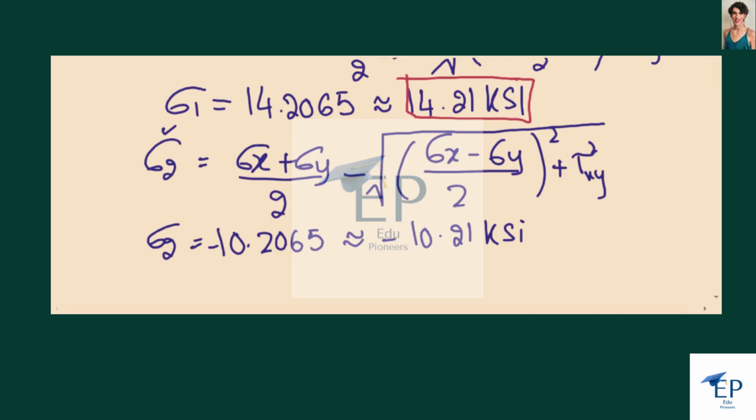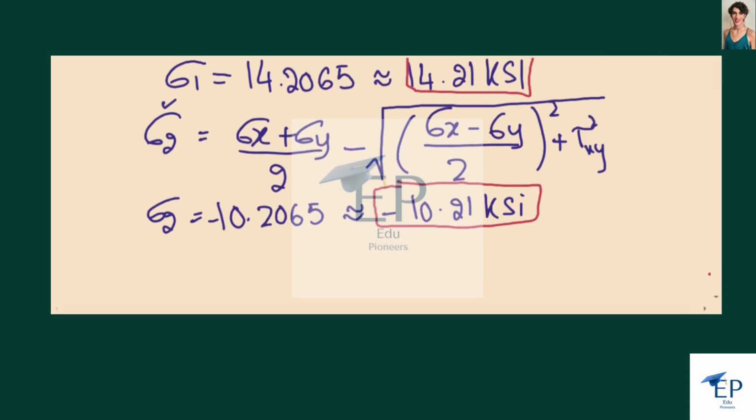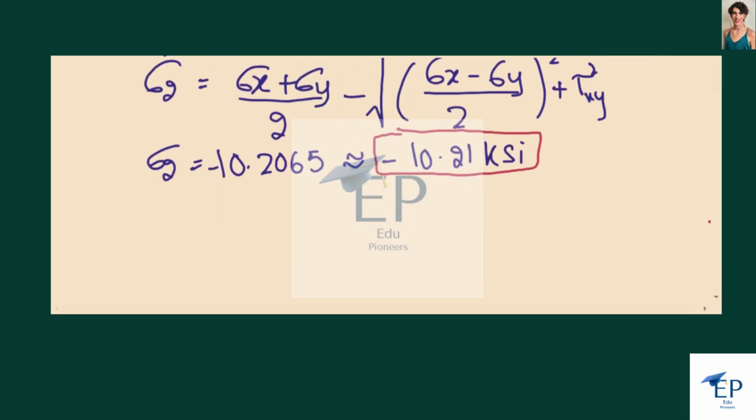Now that we have our principal stresses, as you can see, both of them are opposite in sign. One is positive and the other is negative. So it means that we need to write the correct form of equation 10.27.